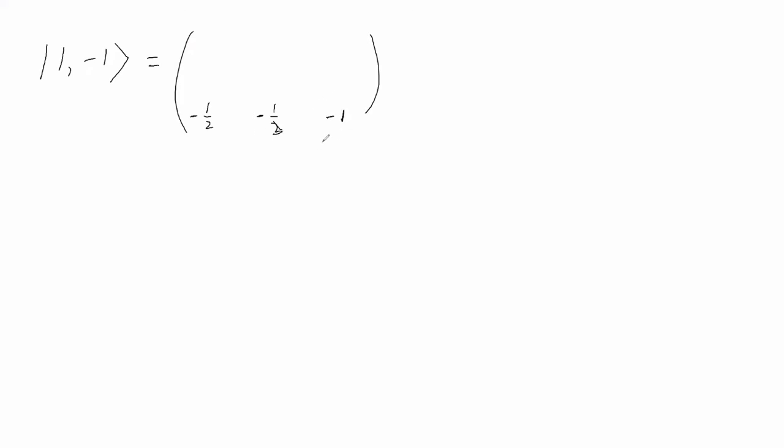Again, 0 cannot have a projection minus 1. Only 1 can have a projection minus 1. Therefore, this will be half minus half, half minus half. And then again you see these are the maximum projection in the opposite direction. The Clebsch-Gordan coefficient will be equal to 1.